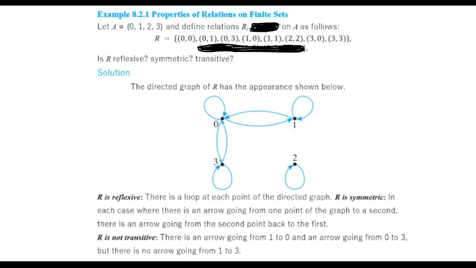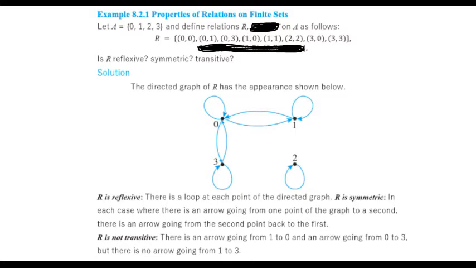It contains a number of ordered pairs. The first one is 0 and 0, then we have 0 and 1, 0 and 3, 1 and 0, 1 and 1, 2 and 2, 3 and 0, and finally 3 and 3. The question is: is R reflexive, is R symmetric, and is R transitive?